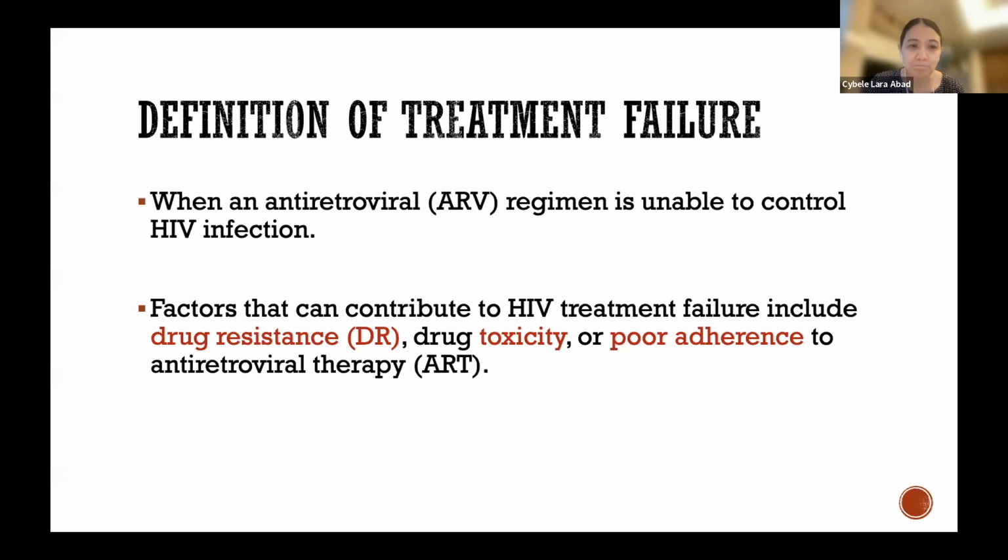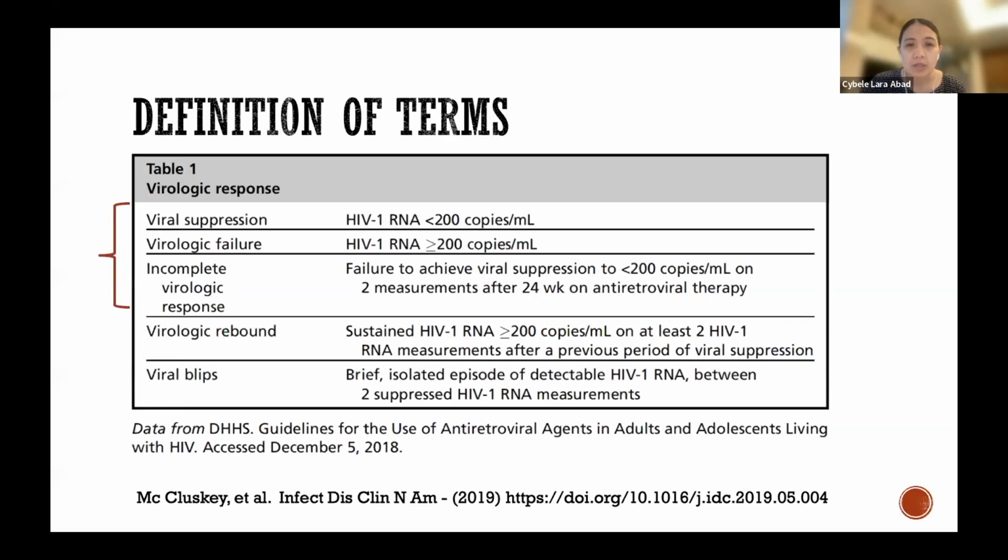No? Okay. So in more specific terms, when you say there is virologic suppression, it means your HIV copies are below 200, which we talked about earlier. And so the opposite is the definition of virologic failure. When you have copies above 200 and you're not able to achieve suppression over time, which is what's happening to this particular patient.